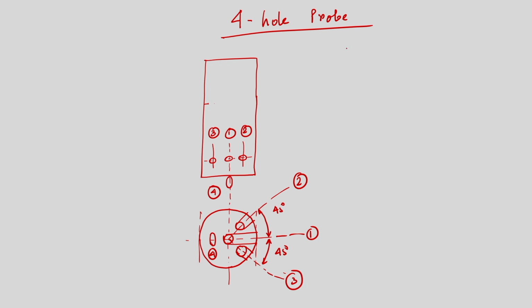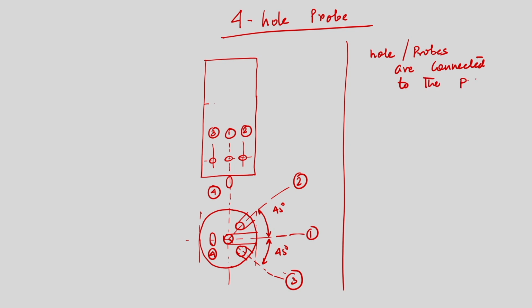We need to know that these holes, the multi holes or probes, are connected to the pressure tubing. That means using this probe we can measure the pressure, and once we calculate pressure, from there we can calculate the velocity components, and that is what we will discuss today.